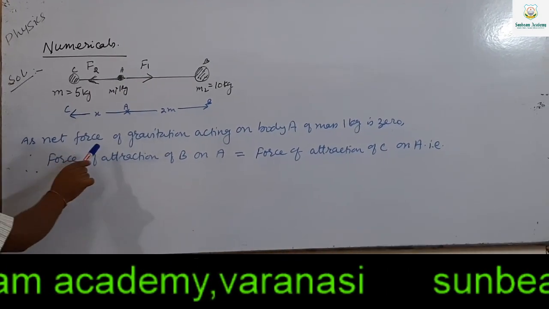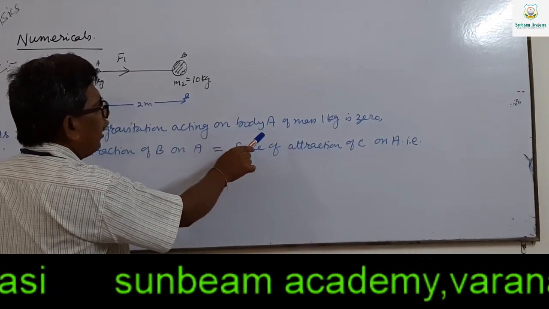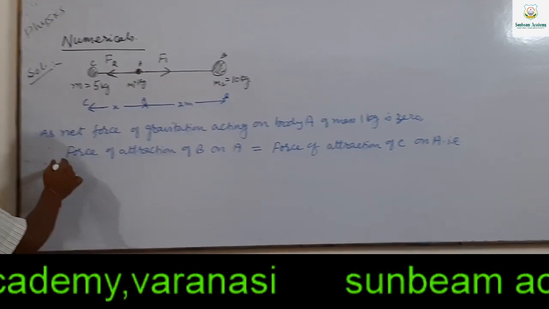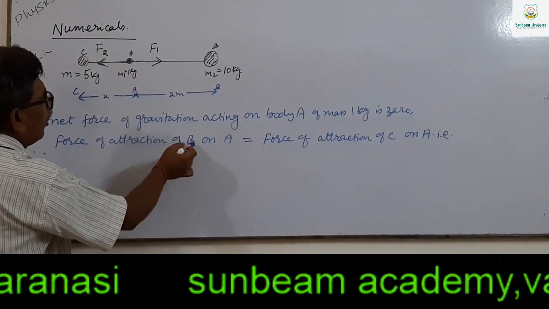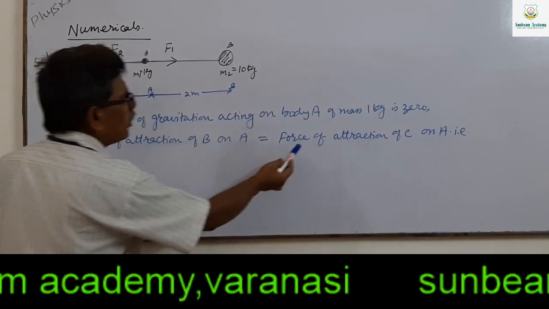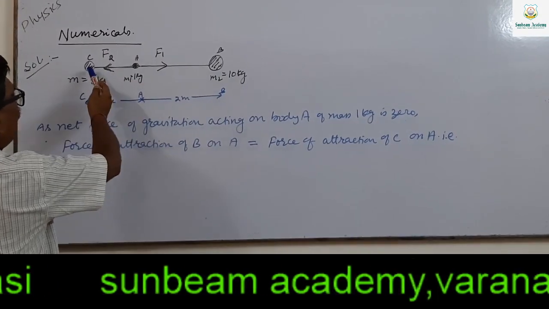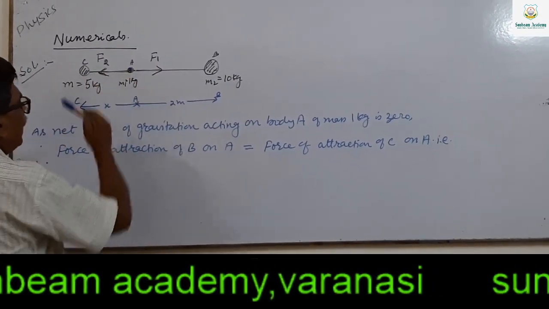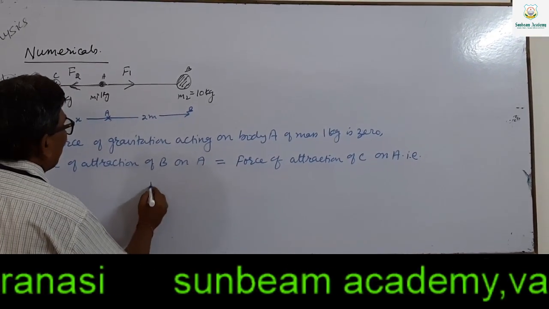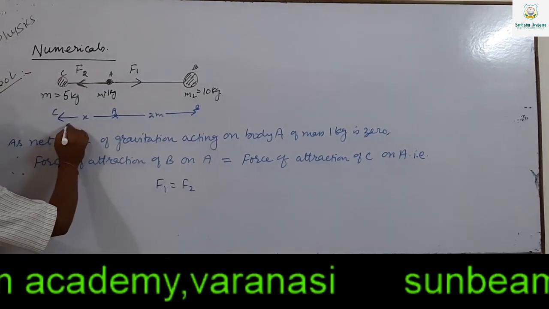So as the net force of gravitation acting on body A is 0, the force of attraction of B on A is F1 and the force of attraction of C on A is F2. Means F1 is equal to F2, and I have to find out this distance.